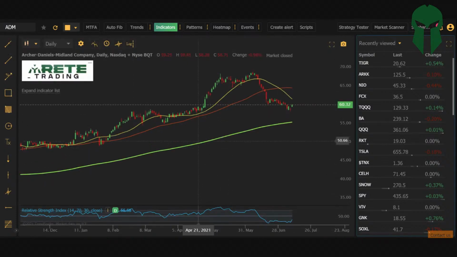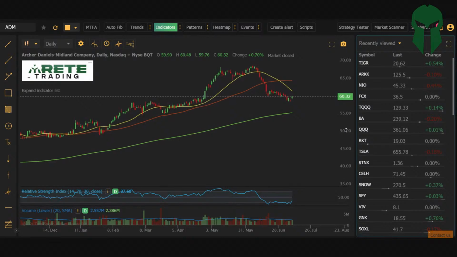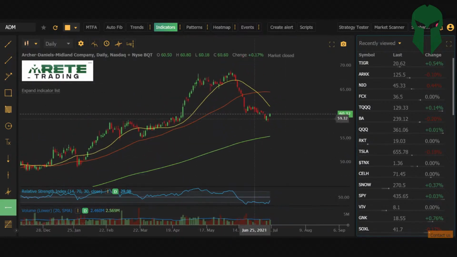So Archer Daniels Midland. This is a pretty significant break. I'm going to leave this RSI up because some of these are fairly interesting. I like how this is broken and how it's trying to get back over. But here's what you really need to see with Archer Daniels Midland: look at this level.